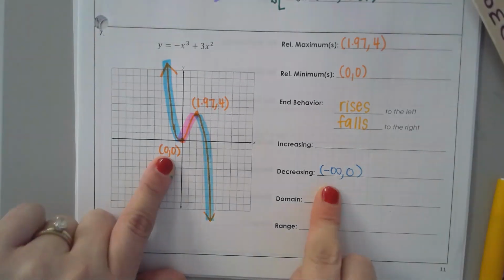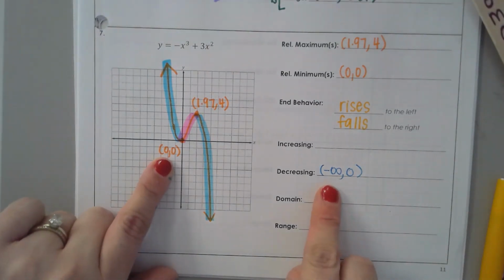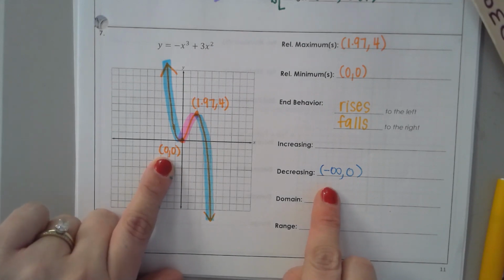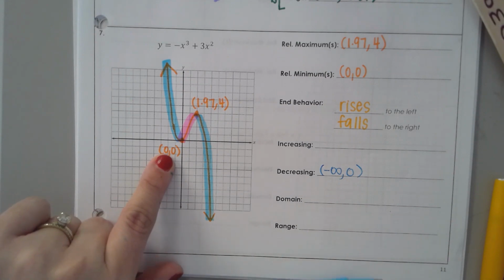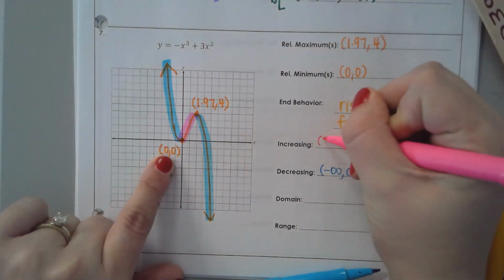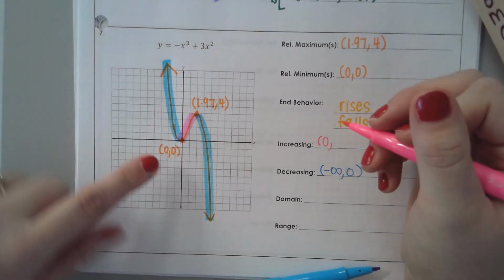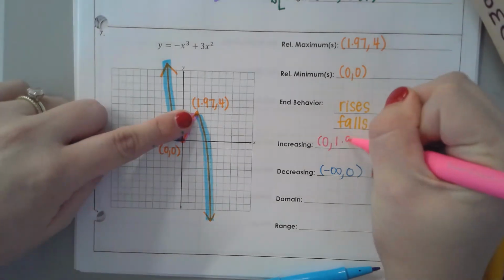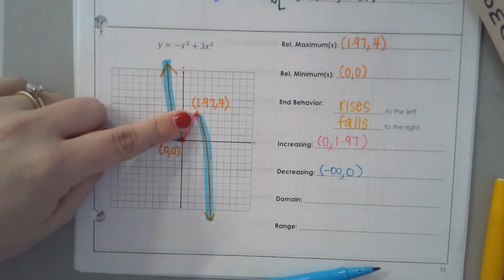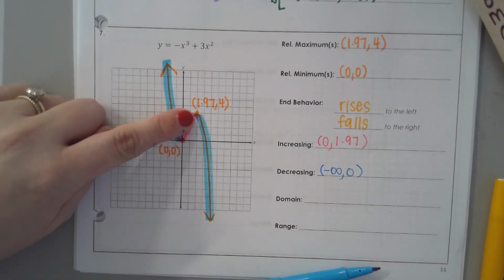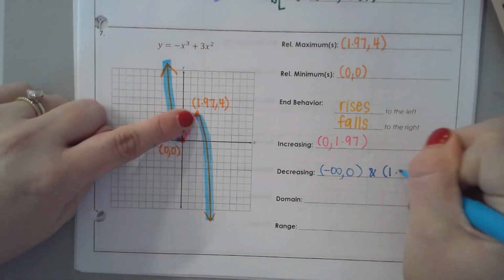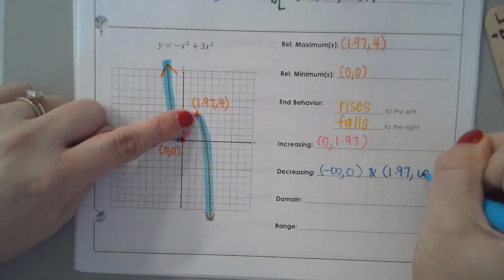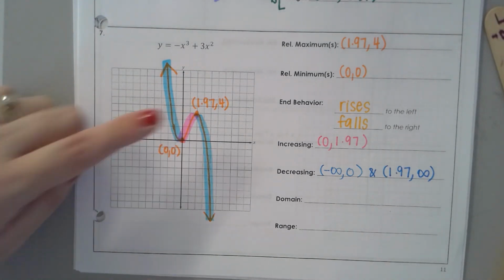So my first interval of decreasing is negative infinity to 0. And then I'm still at 0, but that's where I start increasing, from 0 to 1.97. And then I switch and I decrease from 1.97 to infinity. Very good.